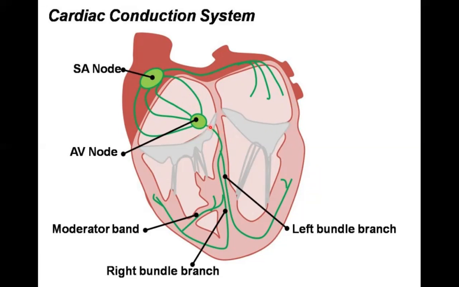Then I have the bundle of His, the right bundle and left bundle and the bundle branches. Then I have the Purkinje fibers. Exactly the same description as before, but here histologically we say modified cardiac muscles, and their position, as I mentioned at the beginning of the lecture, is in the subendocardial layer.